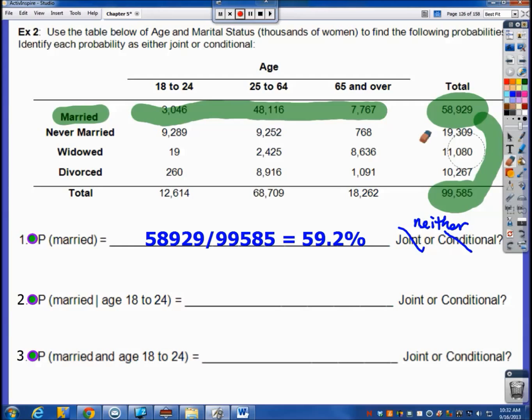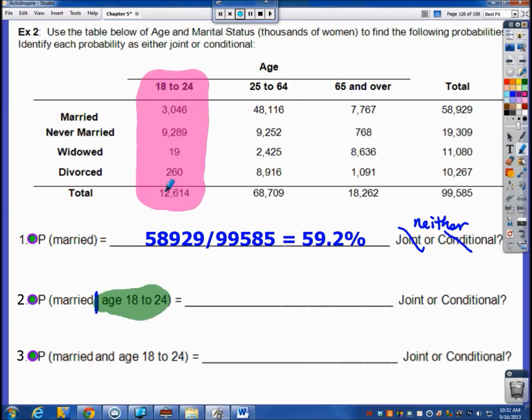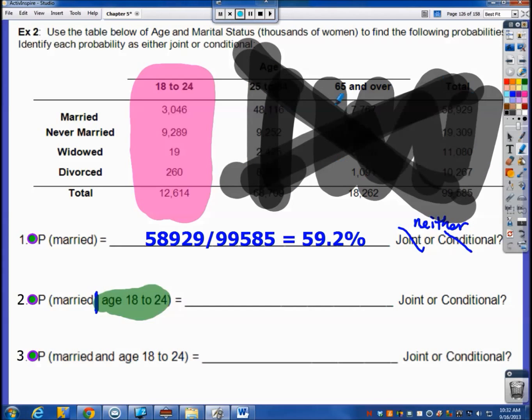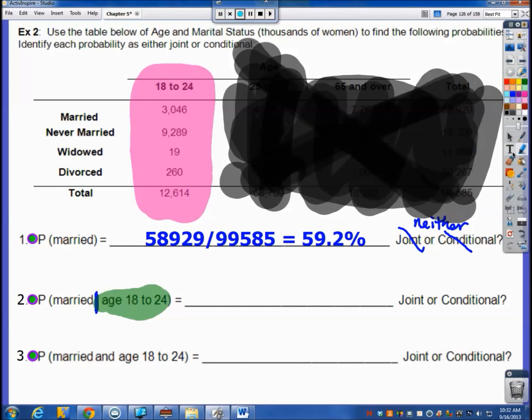Number 2, we're looking for the probability of a person being married given, there's that line there, that they're 18 to 24 years old. Now, whatever that given information is, that means you only need to focus on that part of your table. So we only focus on these individuals here that are 18 to 24, and we ignore everything else. Forget about all these other numbers in here. They are going to play no purpose and no influence on our answer.